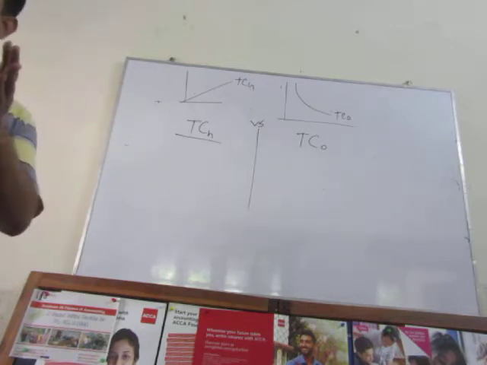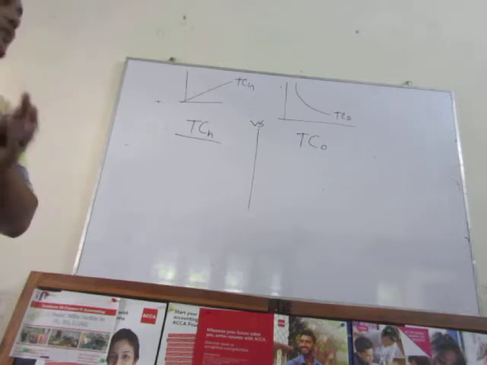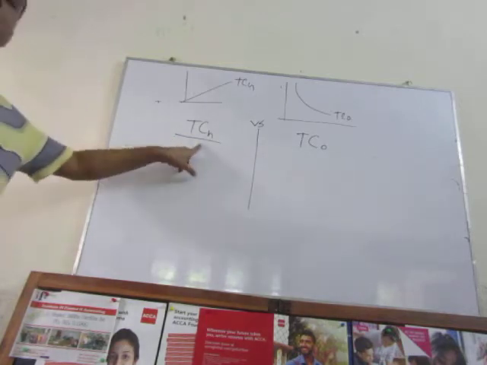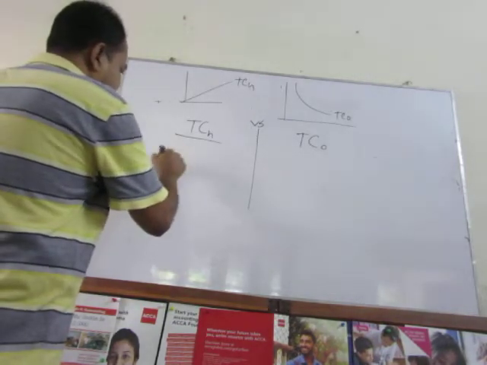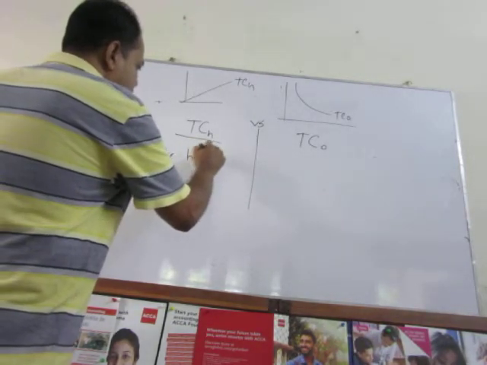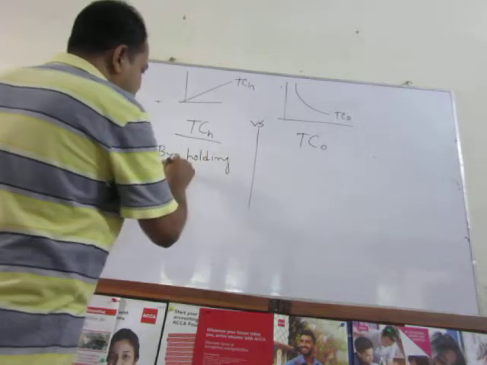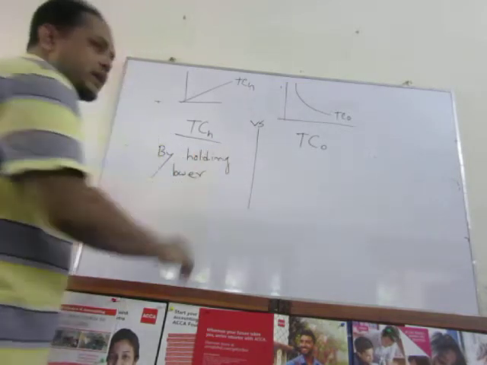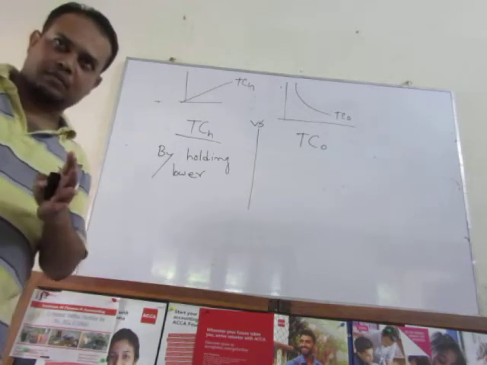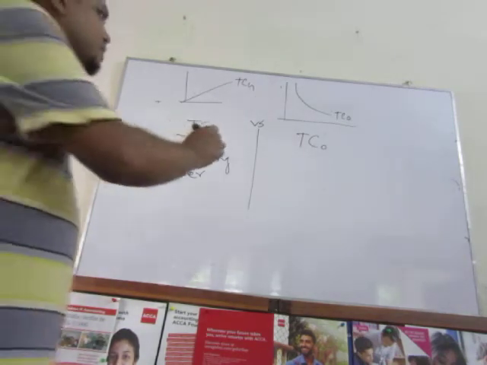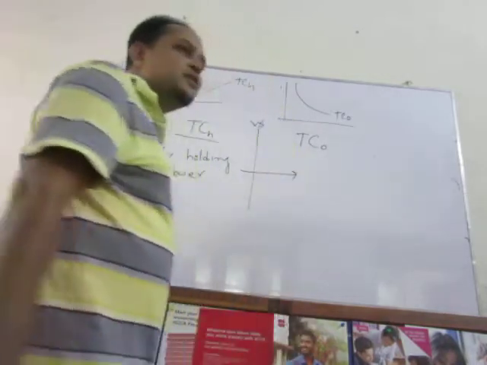You have to squeeze the holding amount or stock amount. So how can you reduce this total holding cost? By holding lower. That means each time you are placing a lower order, it will affect your total holding cost.